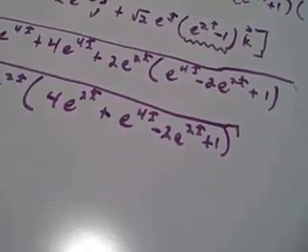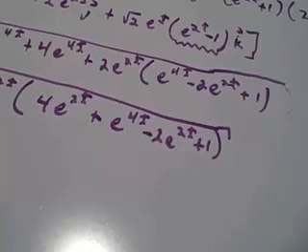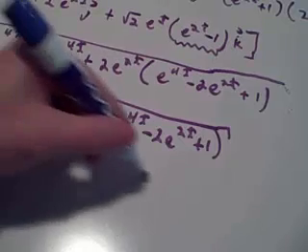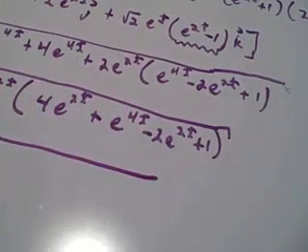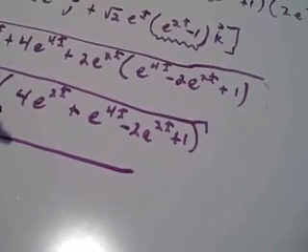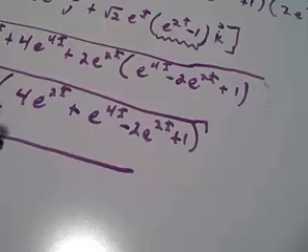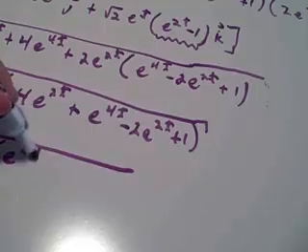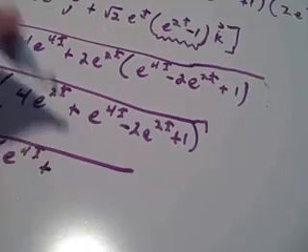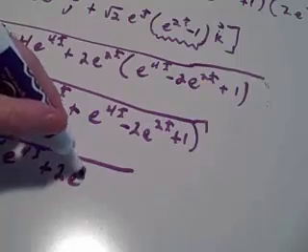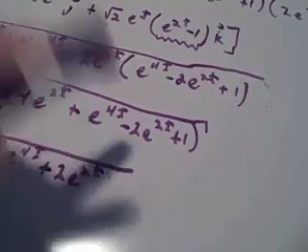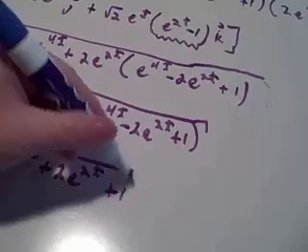And then if I combine like terms, I'll be left with, underneath the radical, I'm going to write it like this: e^(4t) plus 2e^(2t), combining this guy and this guy, plus 1.